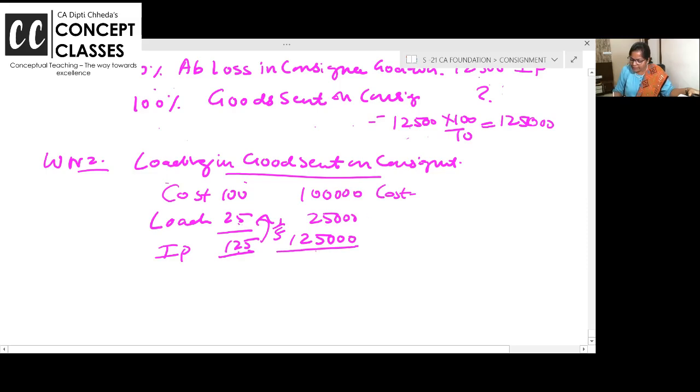Those who don't know how to calculate this 25: in 125, 25 is loading. So in 1,25,000, how much? Cross multiply. 125 has 25 loading, 1,25,000 has how much? Okay.